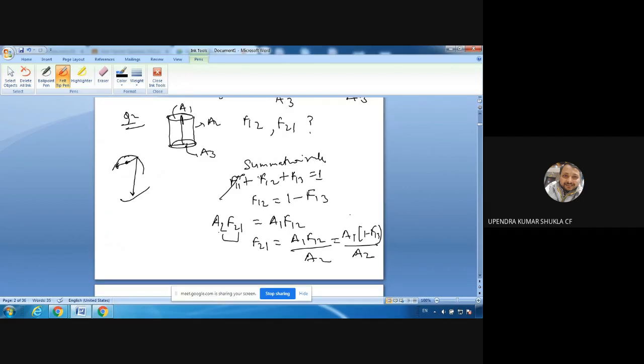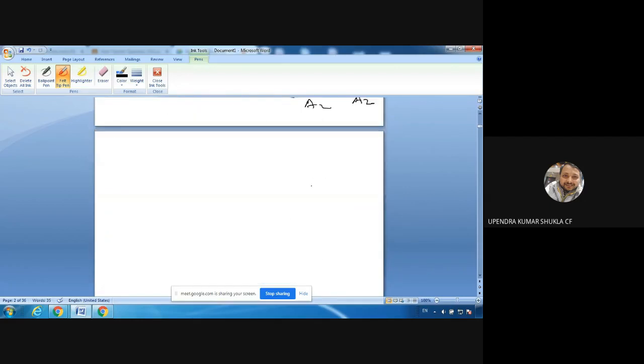Now the next topic that I would like to discuss is radiation exchange between black surfaces. Radiation exchange, so let's take up that topic: the radiative heat exchange between the surfaces.